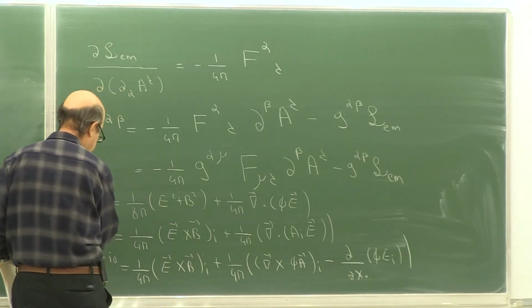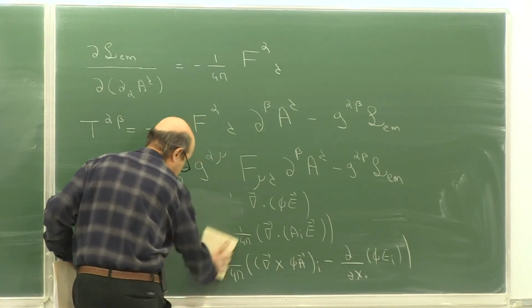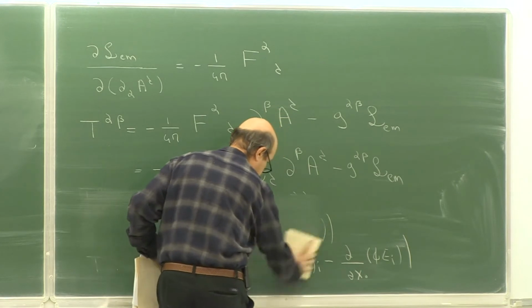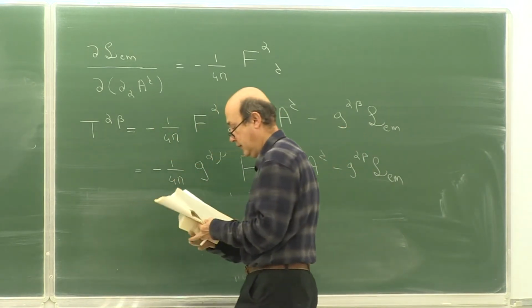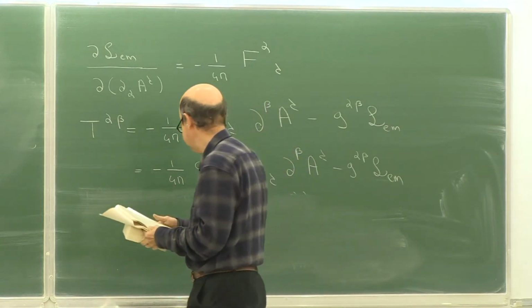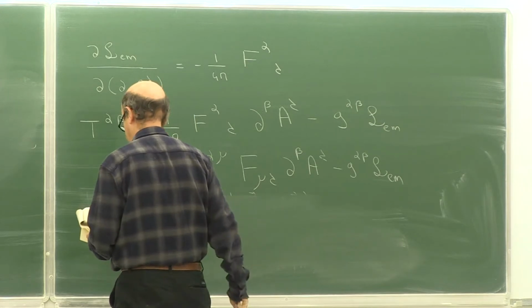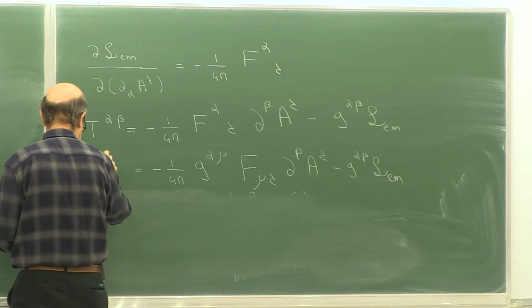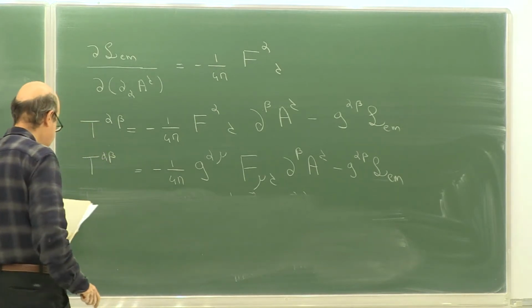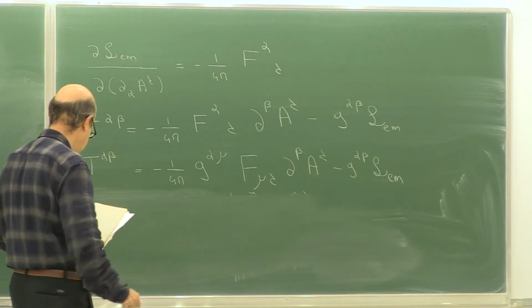So basically, let me erase the elements of the canonical stress tensor. This is the form. So, the canonical stress tensor. Okay, good.